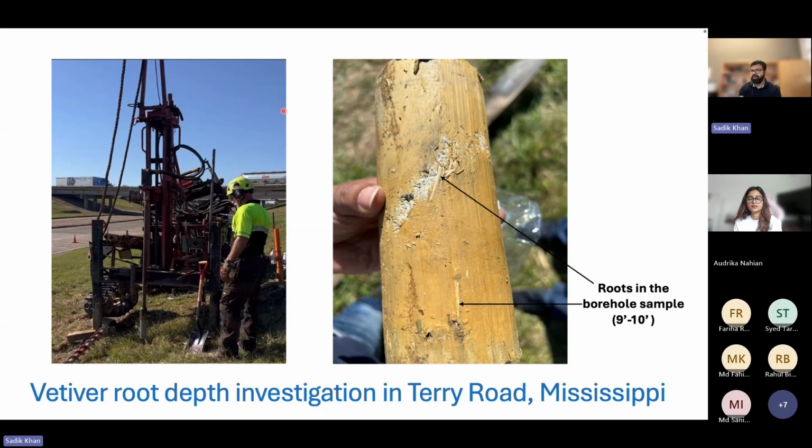We also looked into the vetiver growth on the same slope, the Terry Road, where we have seen the vetiver grows up to 10 feet, and here we can see the roots.